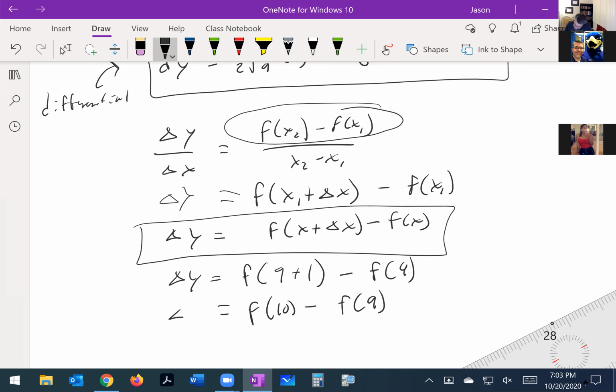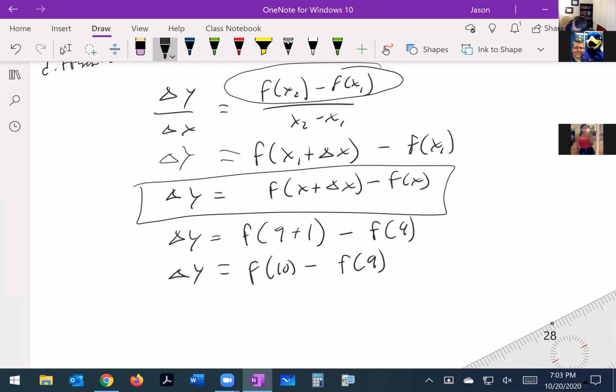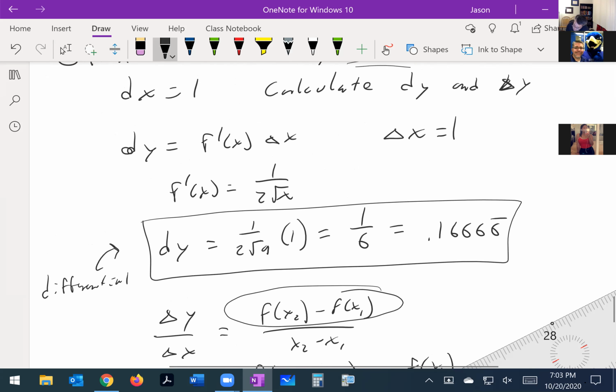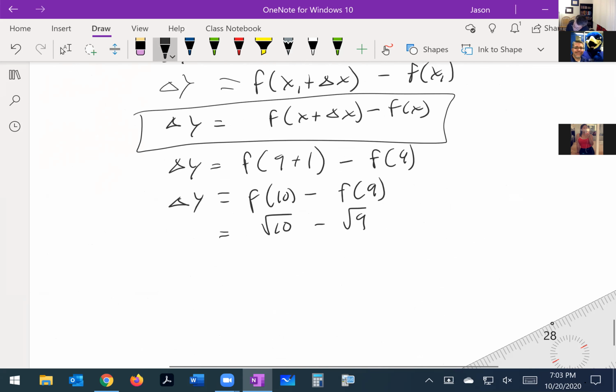That's the difference, or the change in y. This is going up 1. Which is equal to the square root of 10 minus the square root of 9, because that was the original function, the square root function.